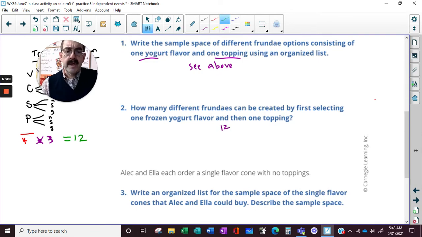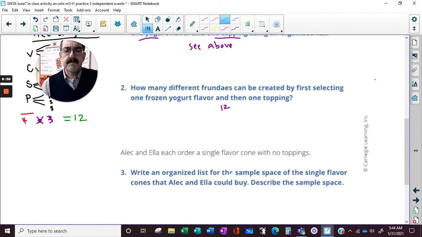Write an organized list for the sample space of the single flavor cones that Alec and Ella want to buy. Describe the sample space. Alec and Ella order a single flavor cone with no toppings.